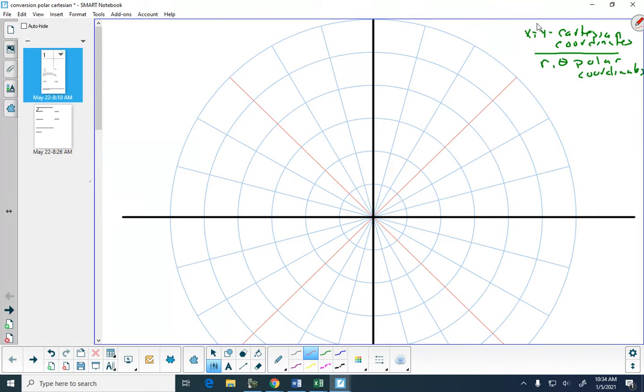What we have here is our polar coordinate system, and then I put in an x and a y axis. So we have an x and a y axis, and we also have a polar coordinate system here too.